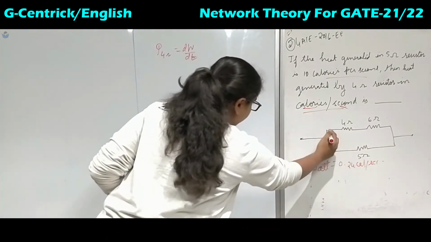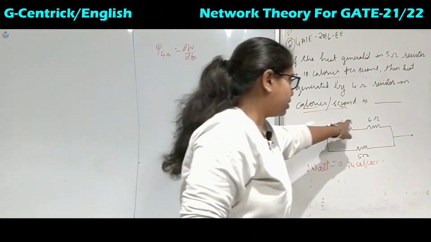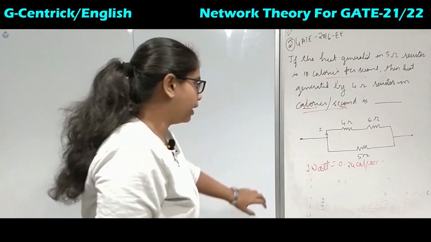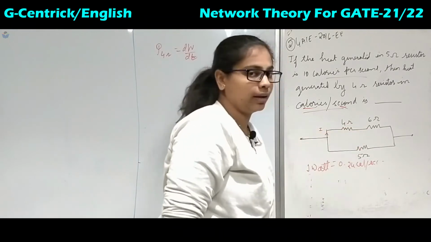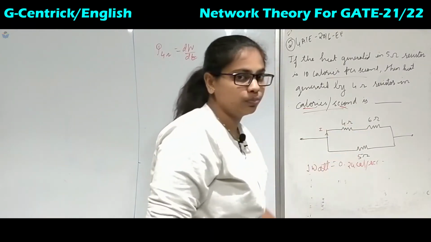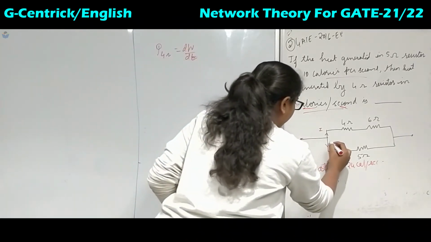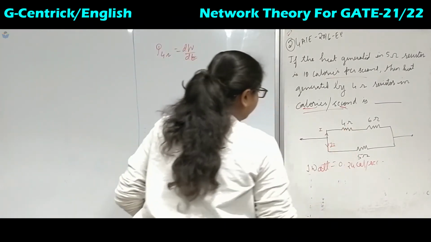Here, if the current flowing in this branch is I, 6 plus 4 is 10 ohm, and half of 10 is 5 ohm. Since it is the least resistive path, double the current will flow in the opposite branch.